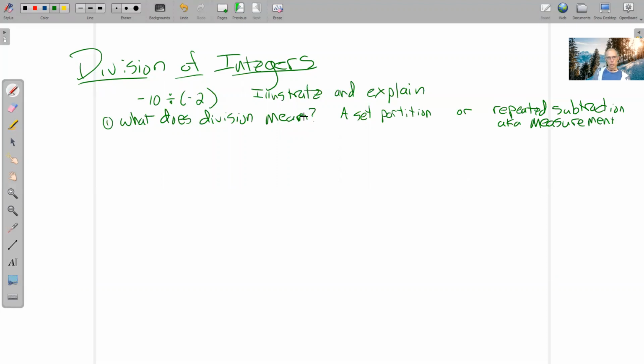All right, so I'll try to state what each of those means. If I say division means partition, then this would mean to split -10 into -2 groups, and then how many are in each group?